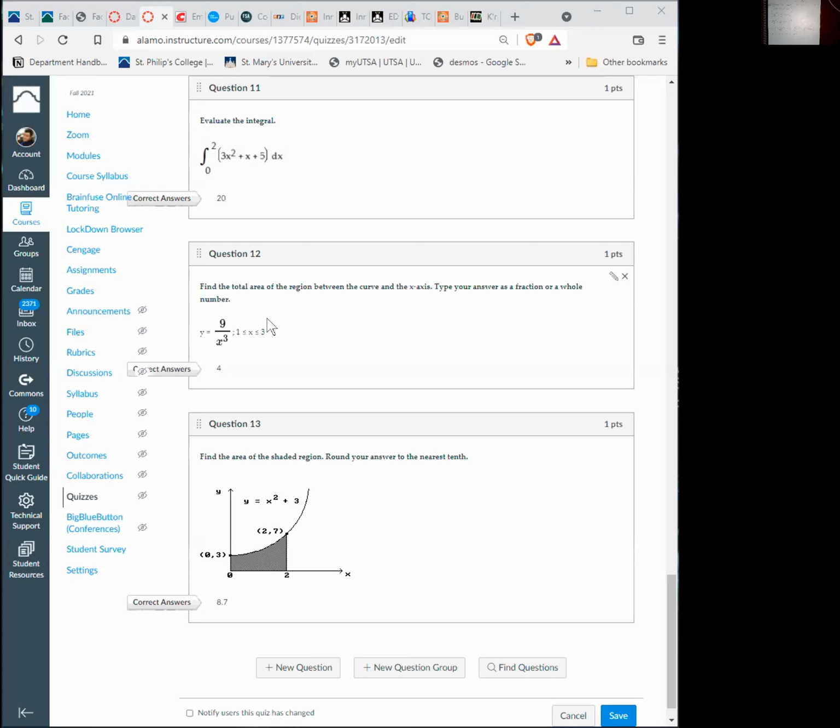See how they define the total area of the region between the curve and the x-axis. So basically you integrate this guy from 1 to 3. But here, this one gives you a visual. So here's x squared plus 3, and they ask you to find the area of the region. So you integrate from 0 to 2. So here you kind of have to see it.